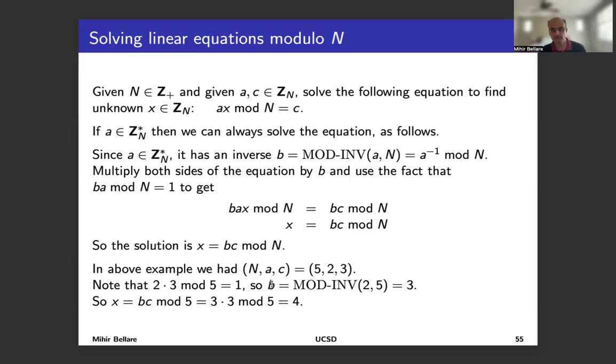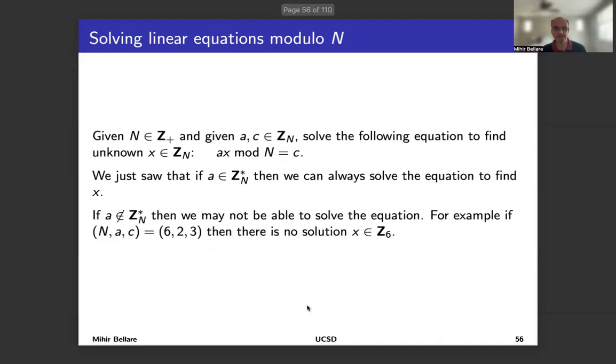So the inverse of 2 is actually 3. That's easy enough to compute. Finally, we do b times c. c is 3. So we get x is b times c mod 5, 3 times 3 mod 5, or 9 mod 5, which is 4. And that's what we also had before. But this you can now use for much larger and other examples.